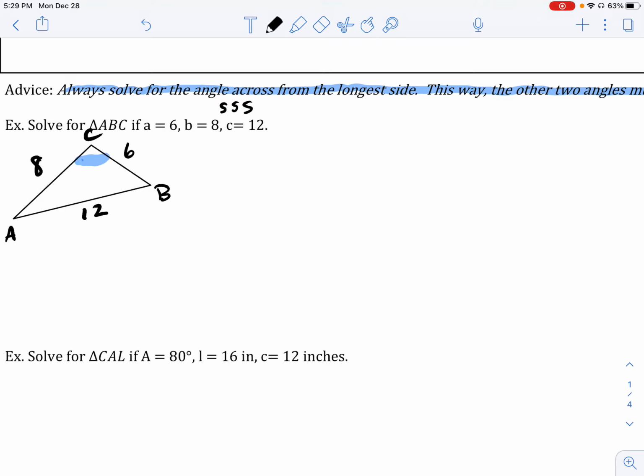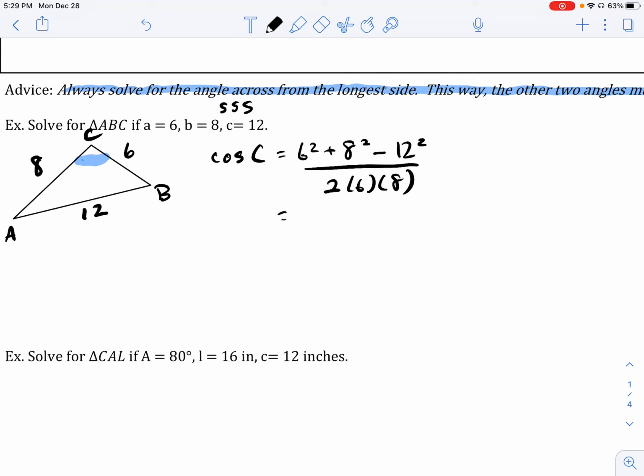So if we're doing this the way that I advise you to, we would say, all right, I want to solve for angle C first. So I would say the cosine of angle C using the law of cosines is a squared plus b squared minus c squared, all over 2 times ab, or 2 times 6 times 8.